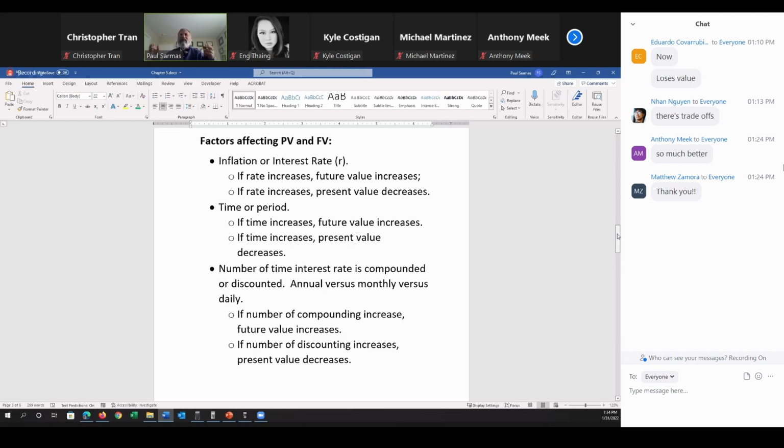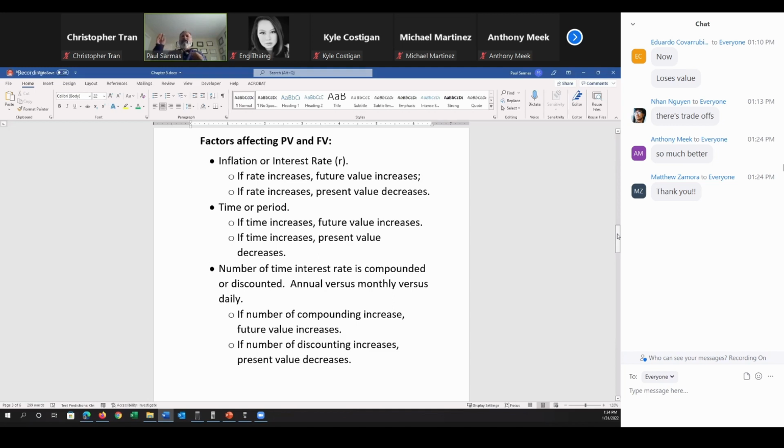If you have two banks, Bank of America and Citibank, and you put the same amount of money in each bank, and Bank of America pays you 6%, Citibank pays you 8%, you will have more money in the Citibank than in Bank of America. So at higher interest rates, the future value will be higher.